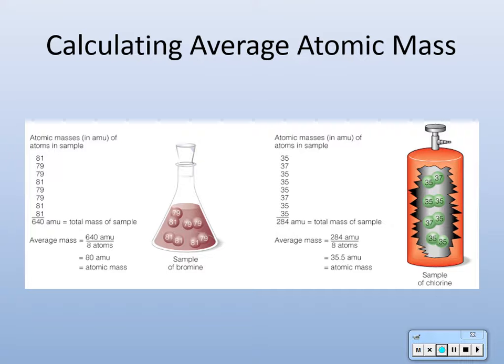If we were to take a little scoop of bromine from this big flask, and it was 8 atoms big, I know we could never take a sample that only has 8 atoms in it, but let's pretend. What we would find is that in that random sample, half of the bromine atoms would be bromine 81.